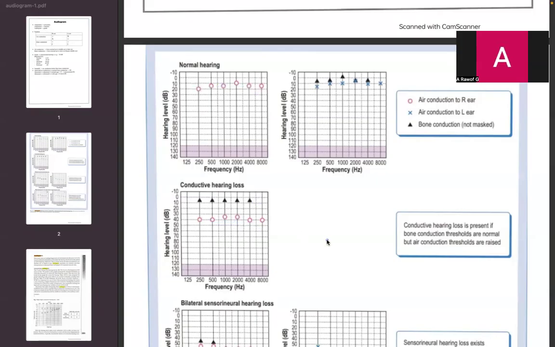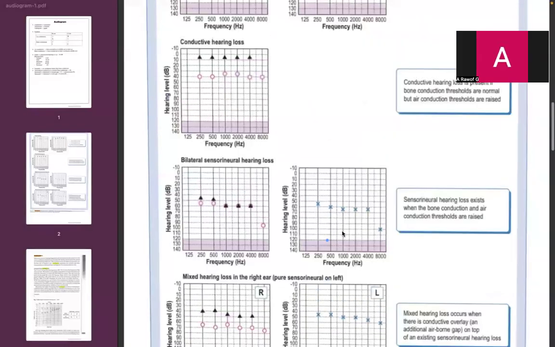Now, let's go to the sensory neural hearing loss. Here both air conduction and bone conduction are together. For example, this is the right ear. Air conduction is between 40 to 60. 40 to 60 is moderate.